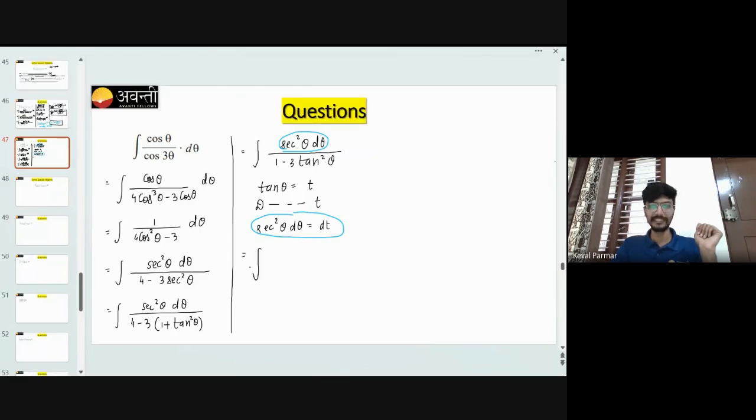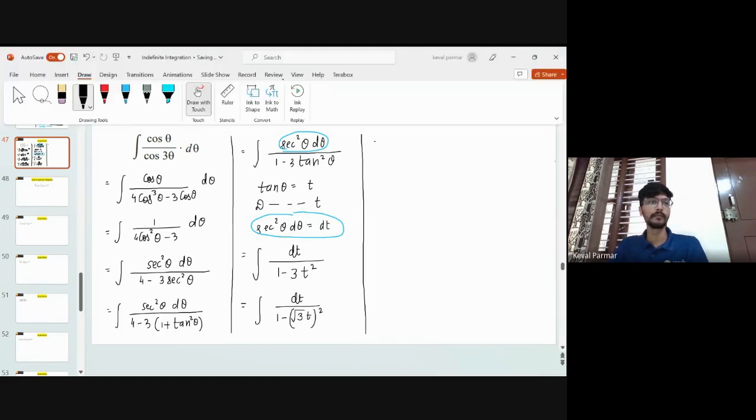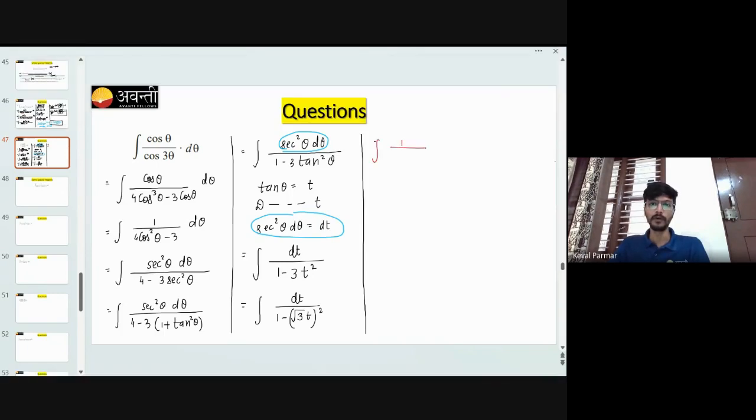So what I'll get is integration of dt upon 1 minus 3 tan square theta, which is t square. If you remember this format, what is this format? I can write it as integration of dt upon 1 minus root 3t, the whole square. Correct? So what is this format? This is integration of 1 upon a square minus x square. Do you remember this formula?